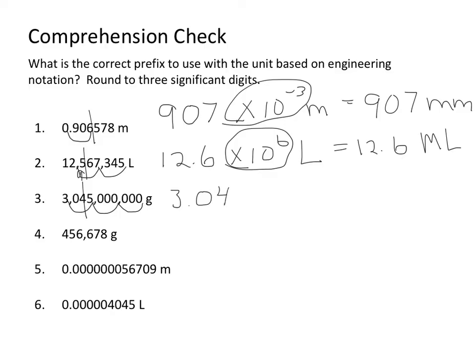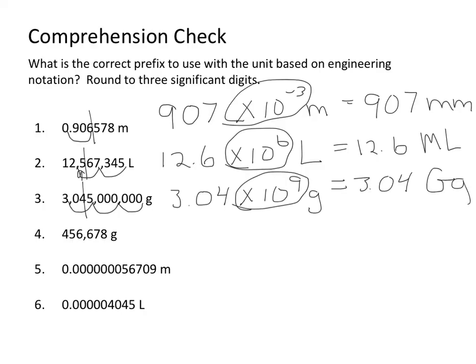So 3.04 times 10 to the 9th grams. And then replace the engineering notation with a prefix. So that's 3.04 gigagrams.